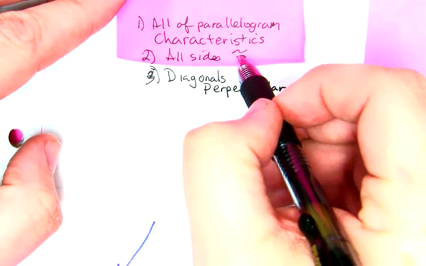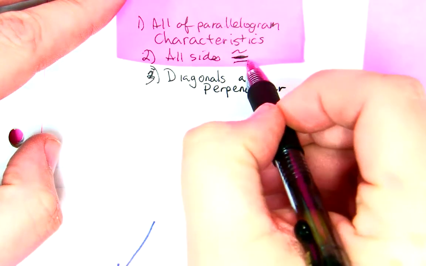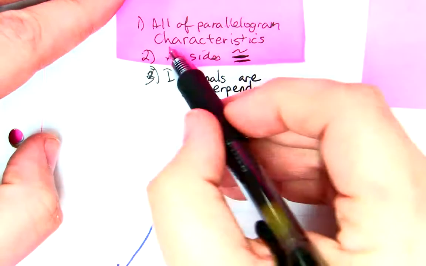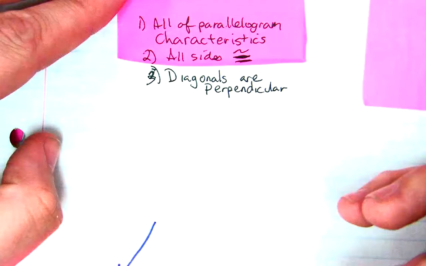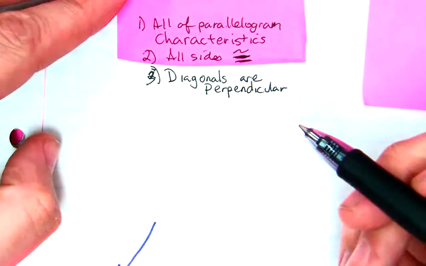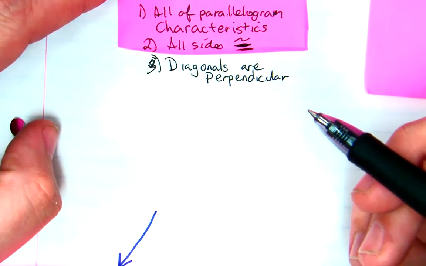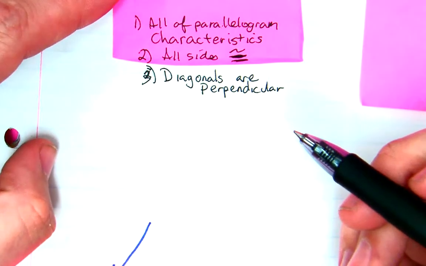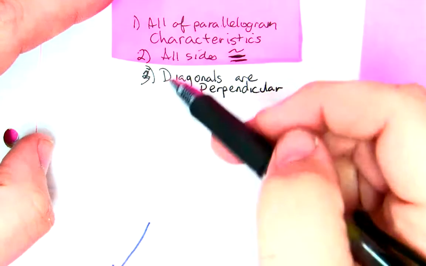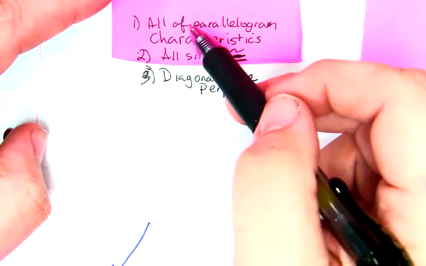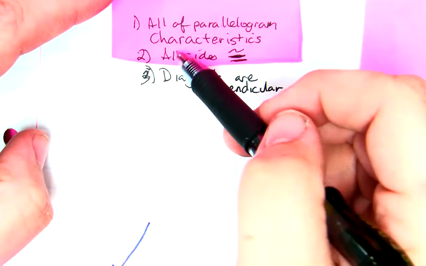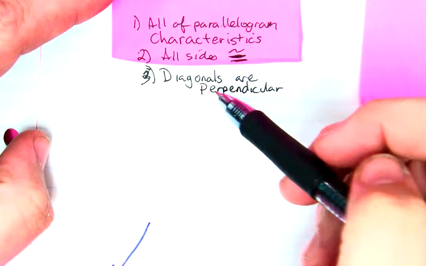That's a congruency sign. All sides are congruent. So, you see, there's only 2 other things different than a parallelogram. All the sides have to be congruent, and the diagonals have to be perpendicular.